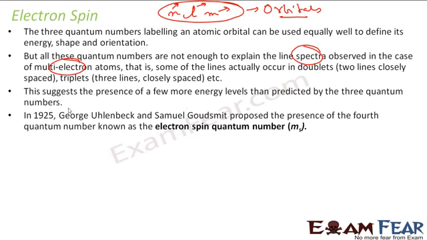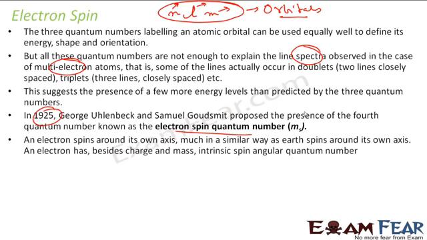So in 1925 the presence of a fourth quantum number was proposed, called the electron spin quantum number. It can have two values, +1/2 and -1/2. That's all. So you see, the electron spins around its own axis. It can be clockwise or anti-clockwise, and that's what it is denoting.